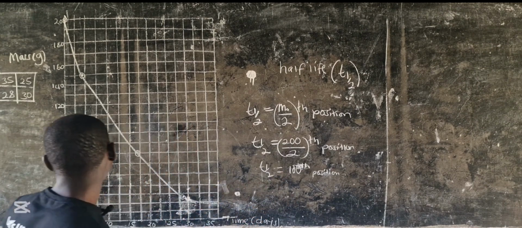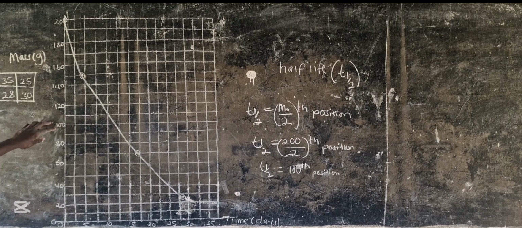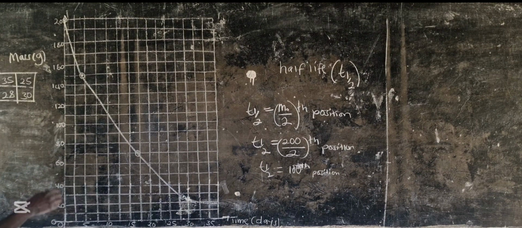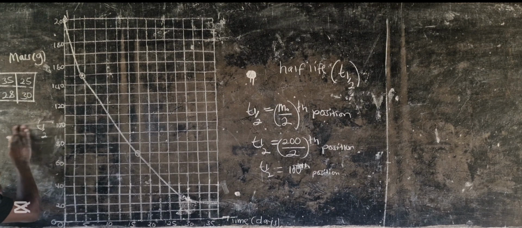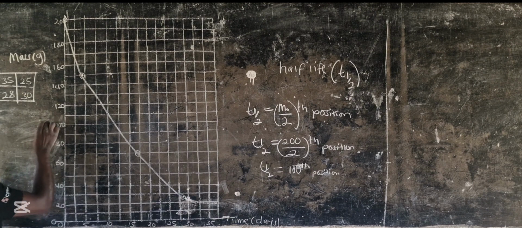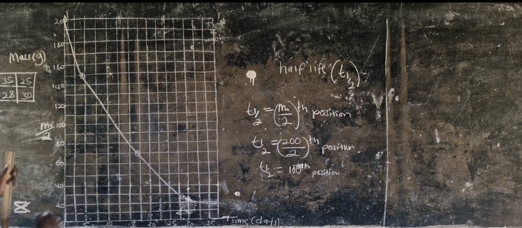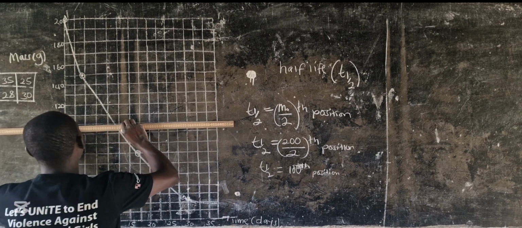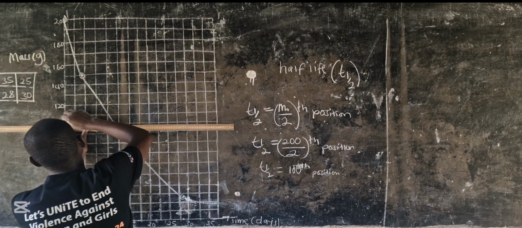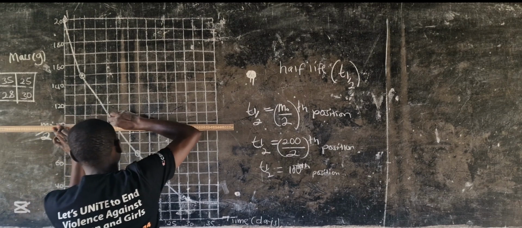So we are just going now to use our graph here. We come where there is 100, 100 is here, and this is m naught over 2. M naught over 2 is 100, which we've got. Then you use a ruler and draw a line to touch your curve like that.